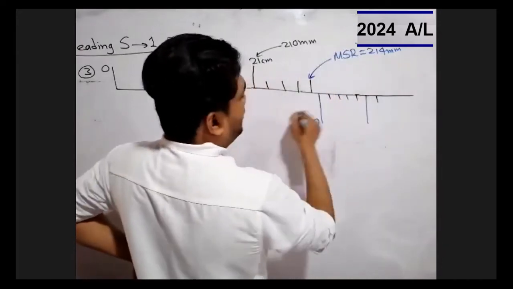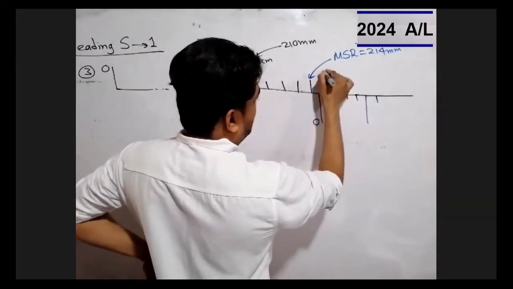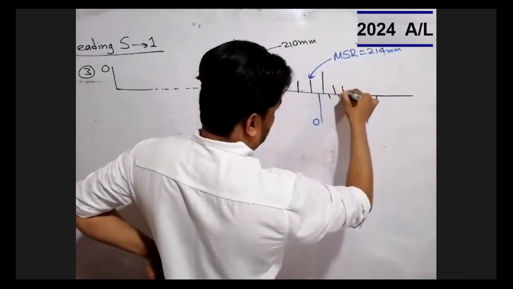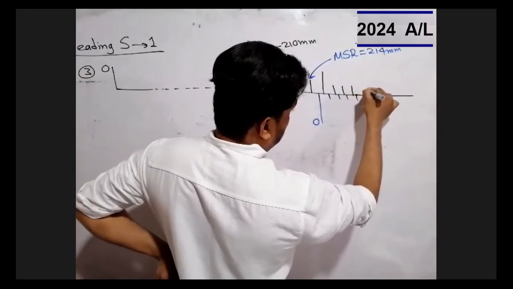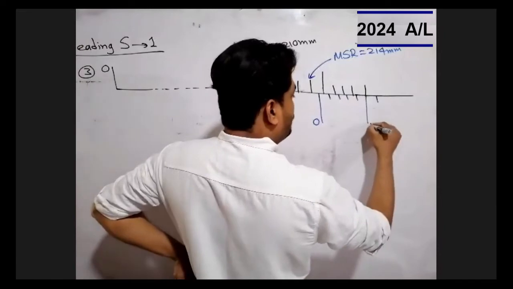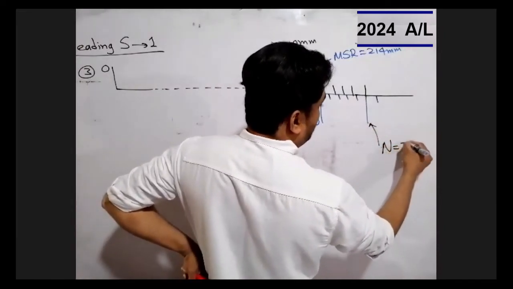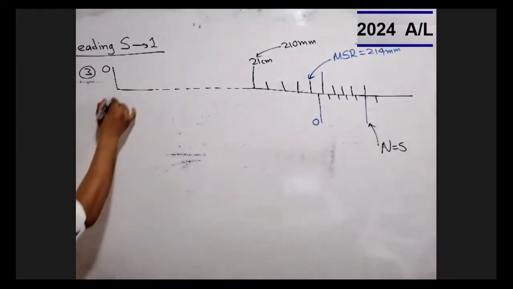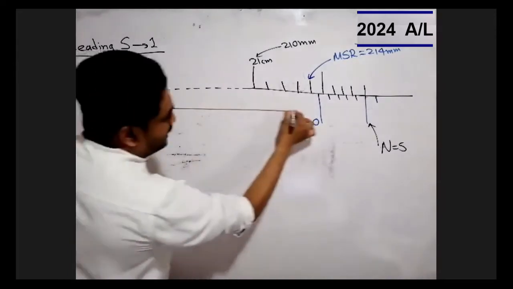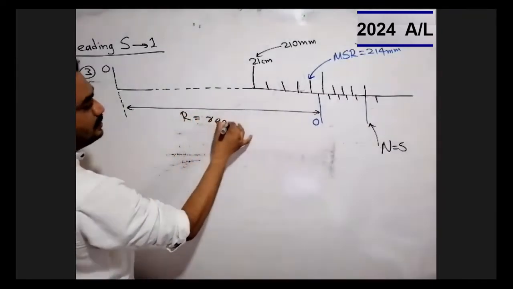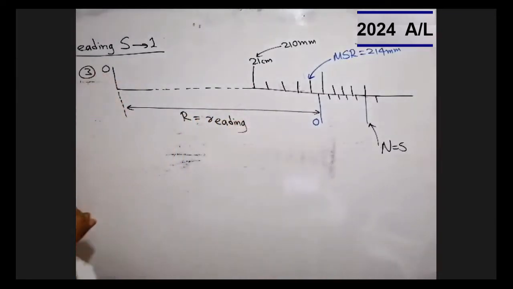So this is 14, 15, 16, 17, 18, something, this number may coincide. So the coincide vernier number N is 5. We don't worry about the main scale coincide number. We worry only about the vernier scale coincide number. The gap between the two 0 lines is said to be the reading.